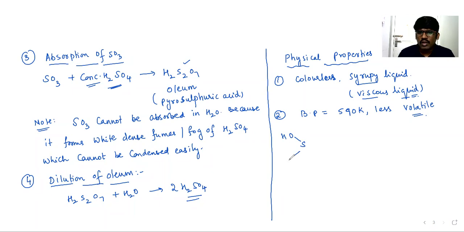And moreover, why is that viscous nature there for H2SO4, and not for the other acids? Because there is an intermolecular association, right?